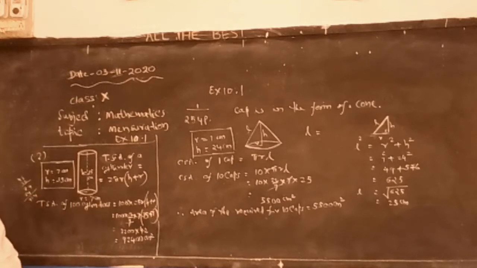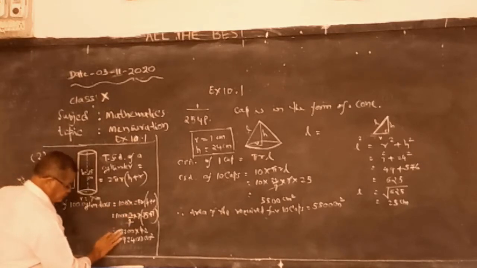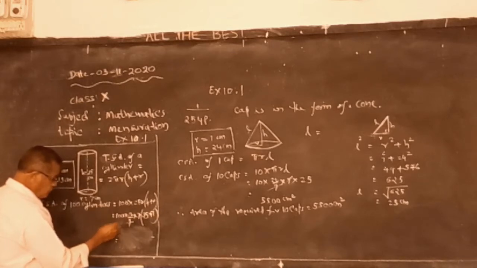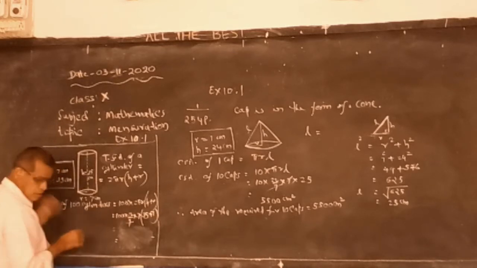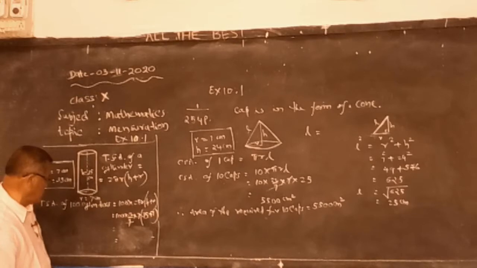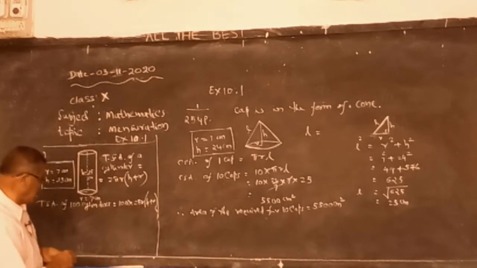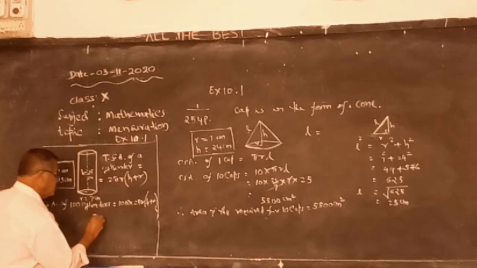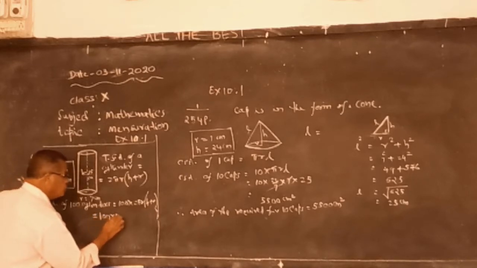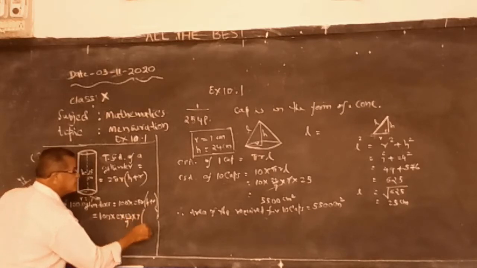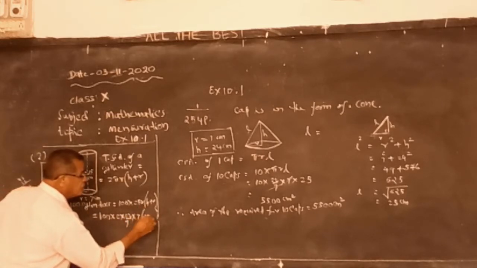We need to get 2 into 2, 100 into 2 into 22 by 7 into r, 7 into h 35.